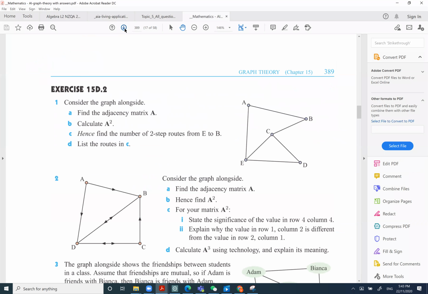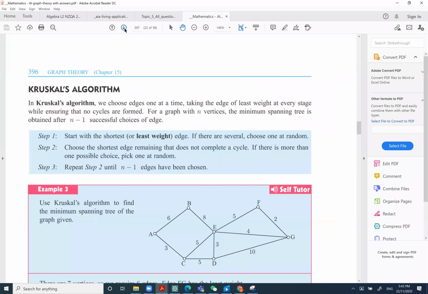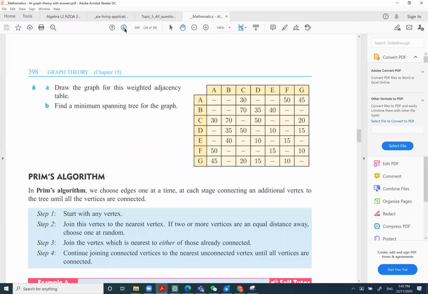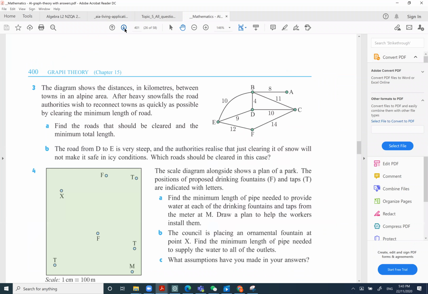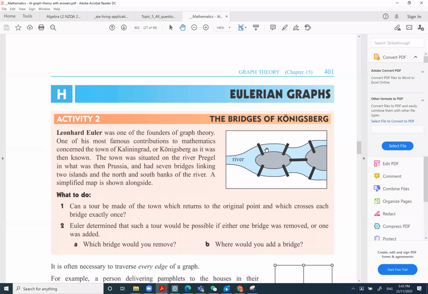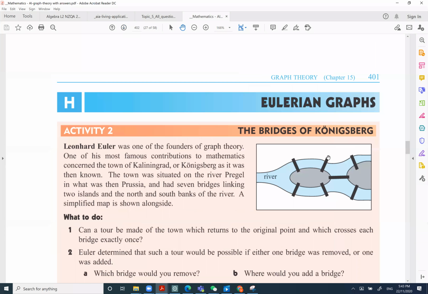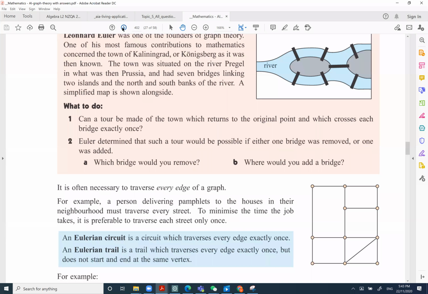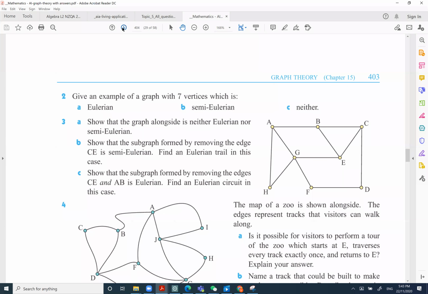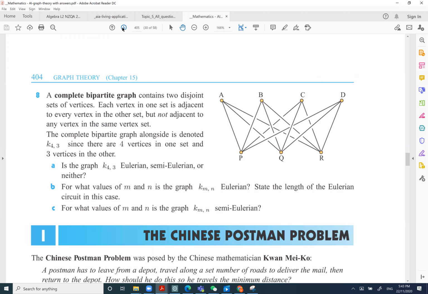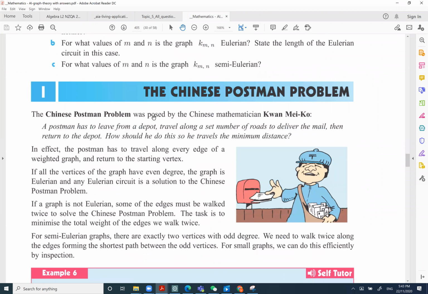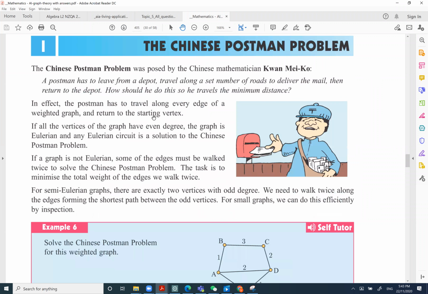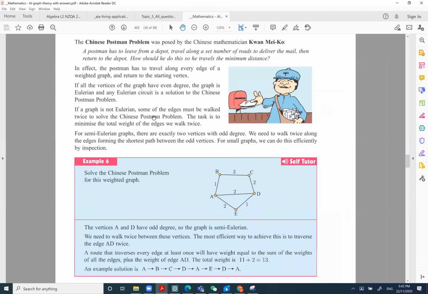I think we were up to the Euler graph, just passing through all the edges. So we're up to this one.